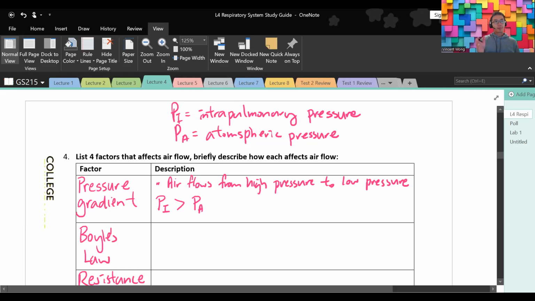It goes from high pressure to low pressure, right? So if it's higher inside compared to outside, exhale. Yeah, so this is exhalation. On the other hand, if PI is less than PA, the air will rush in and then you will inhale. Does anybody have any question about this?